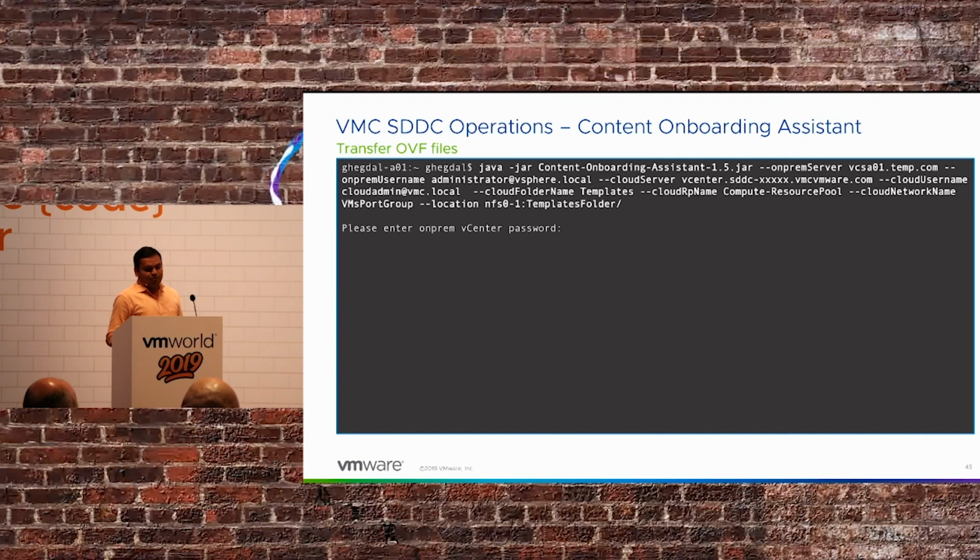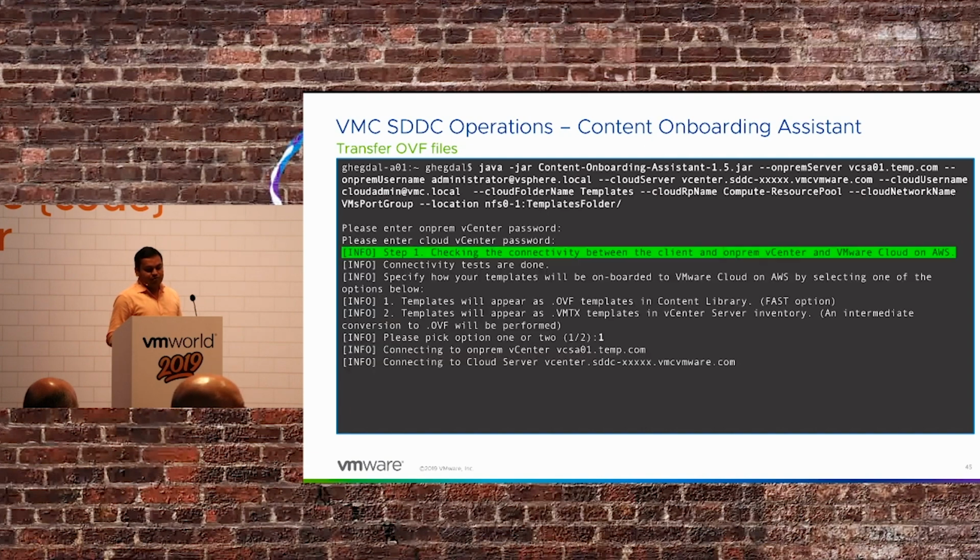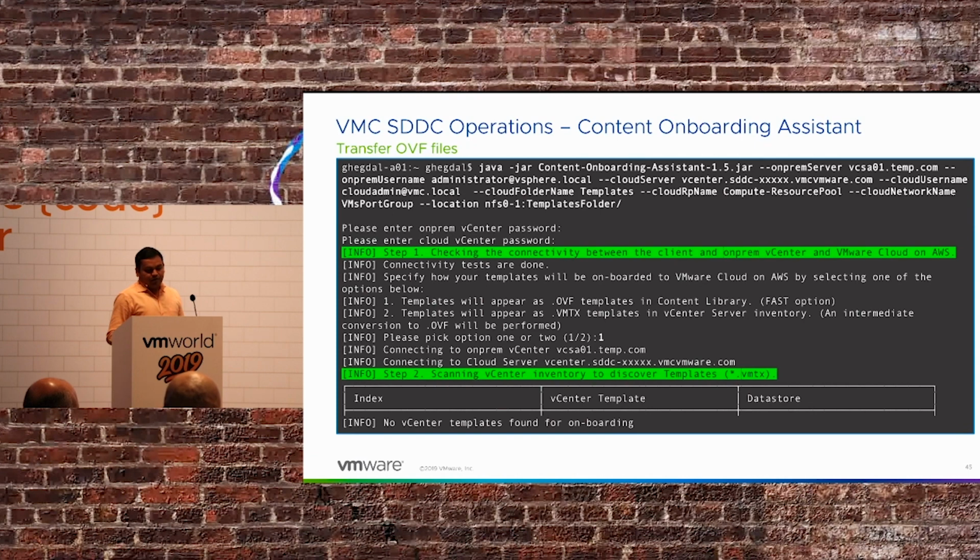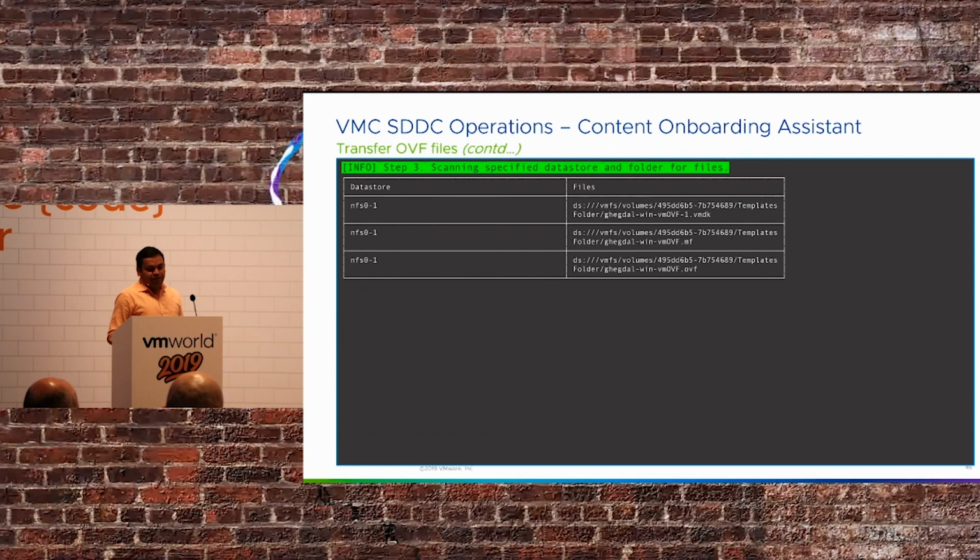It asks for the credentials, you enter them, then it does the connectivity check between the client and the on-premise server as well as the cloud data center, and then it scans for the templates folder. Since this specific example is about OVF files, here it didn't find anything in the templates directory. So it scans the data store that we had given.